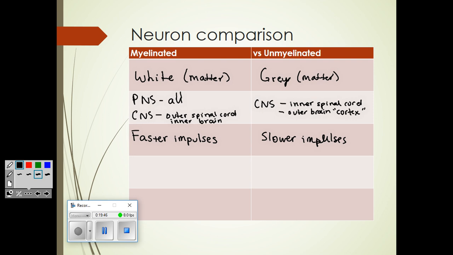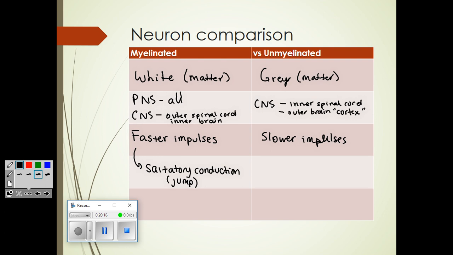Now, if we continue on that vein of impulse traveling, the faster impulses are because of something called saltatory conduction. And the word saltatory means jump. So when the nerve impulse is traveling down the length of the axon, on a myelinated neuron, it can jump from one node to the next.